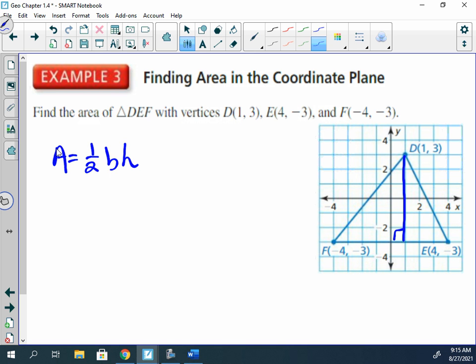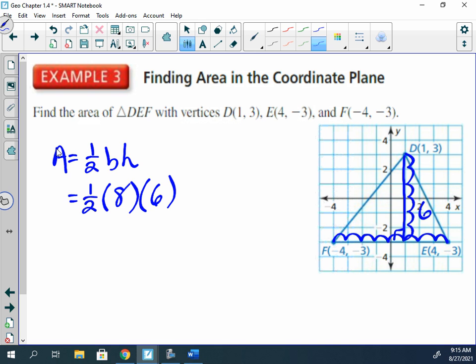So there we can count the boxes. 1, 2, 3, 4, 5, 6. So in our formula, it'd be 1/2, whatever the base is, times the height, which is 6. The other length, 1, 2, 3, 4, 5, 6, 7, 8.